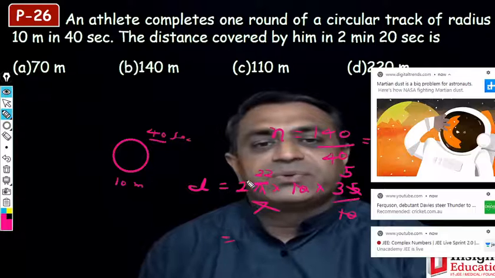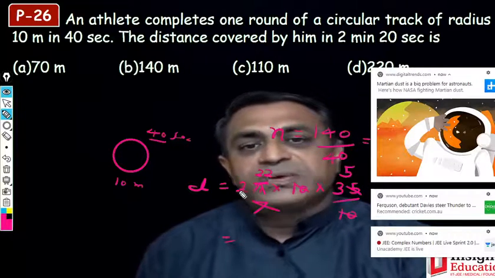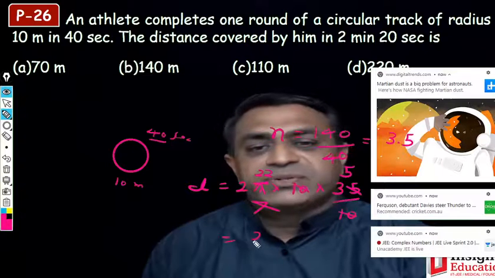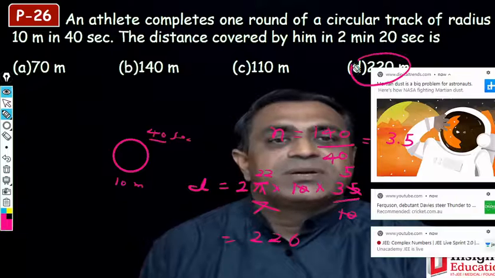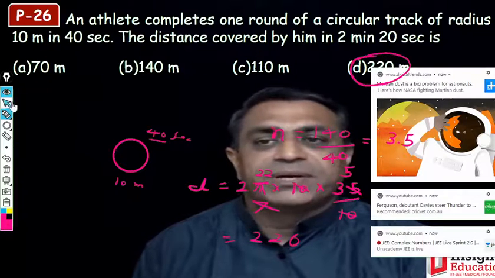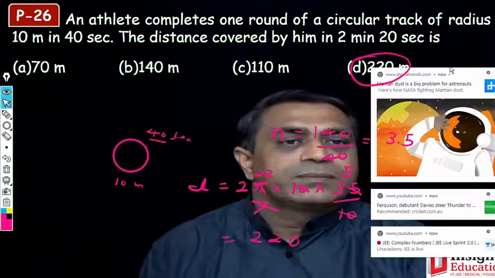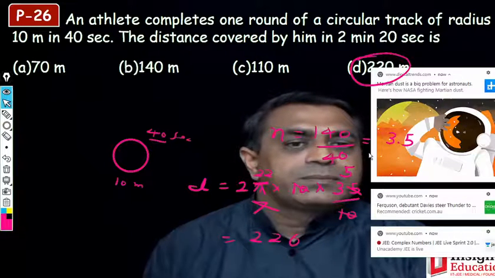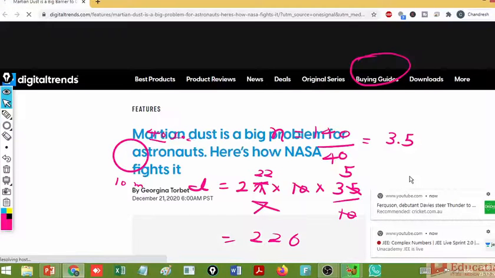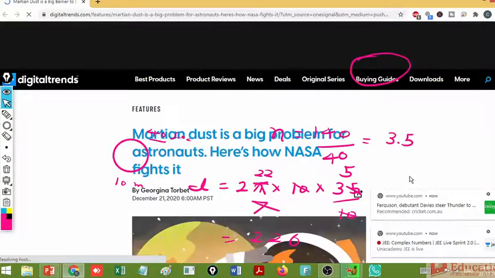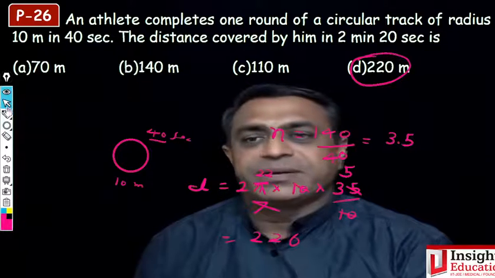So 5 into 2, 10, 22 into 10, so that is 220 meters. So answer is 220 meters.